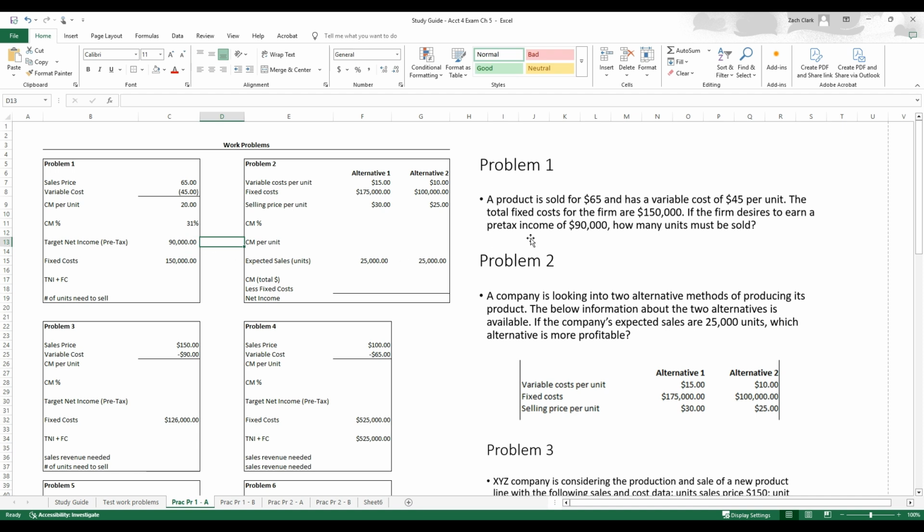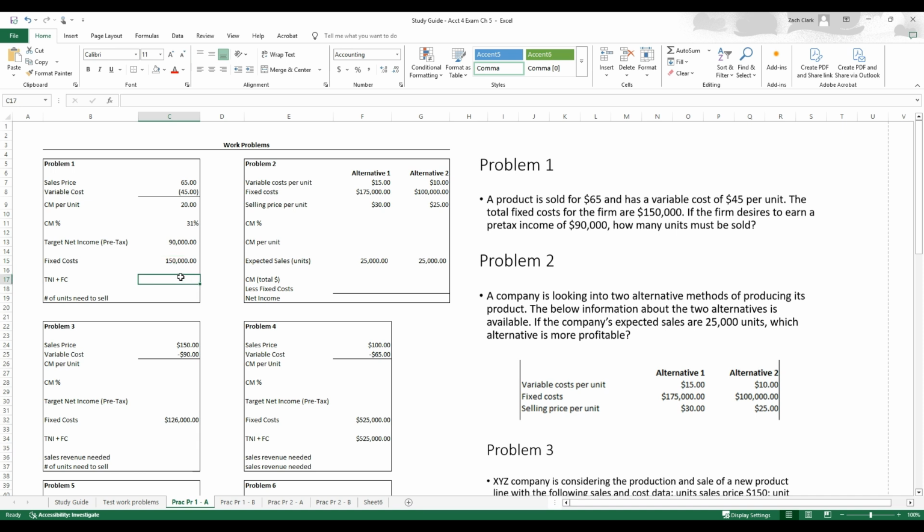Okay, and then in this problem, we're trying to target a specific net income of $90,000, and I've got that listed here as target net income. We've got our fixed costs listed out.